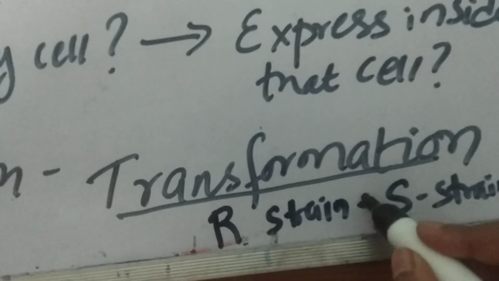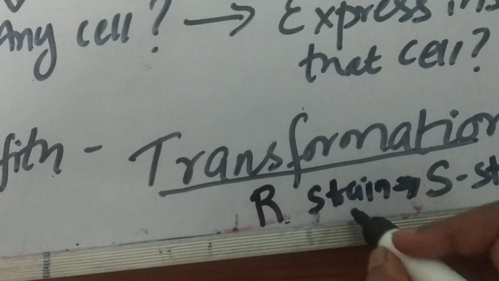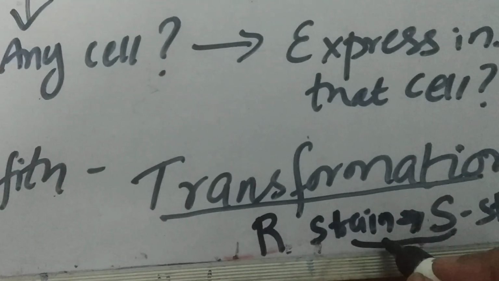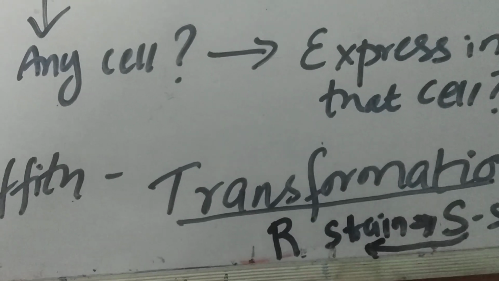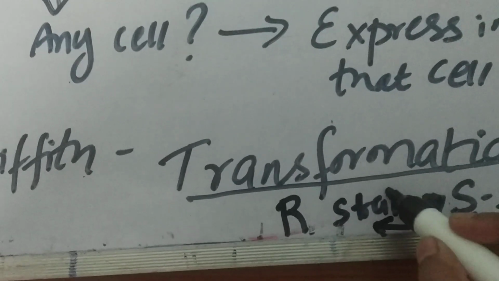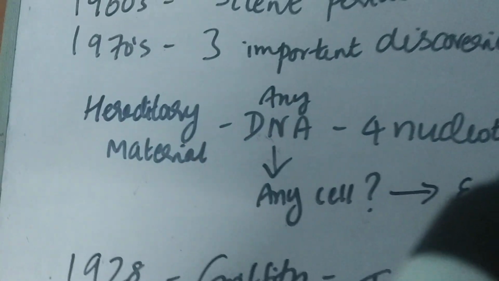Later on, it was proved that DNA from the S strain moves into the R strain, converting it into the virulent S strain. This is the experiment that we have already studied in your 11th standard.